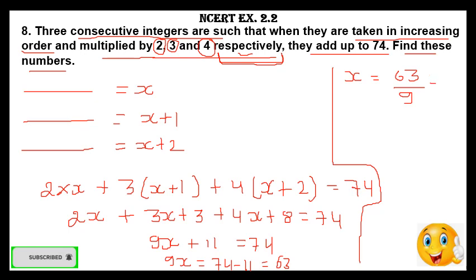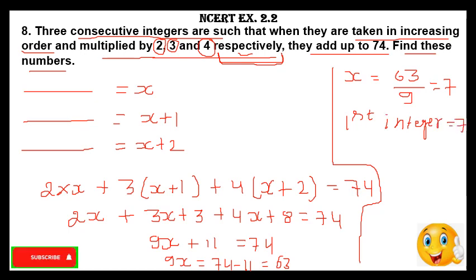The value of x we have is 7. So this is the very first integer we have got, 7. So you write first integer, that is 7.